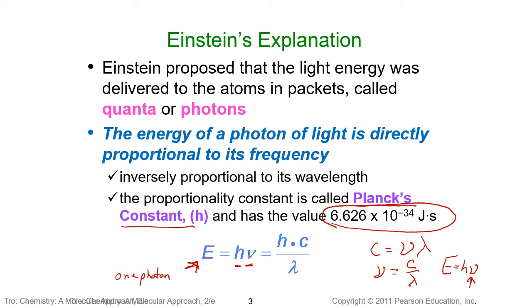So if we plug it in here, we get Planck's constant times the speed of light over the wavelength, which is the second option we have for calculating the energy of a photon. So you can use this equation if you know the wavelength. You can use this equation if you know the frequency.